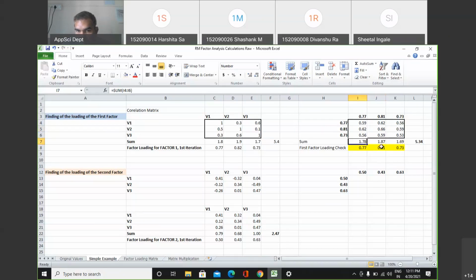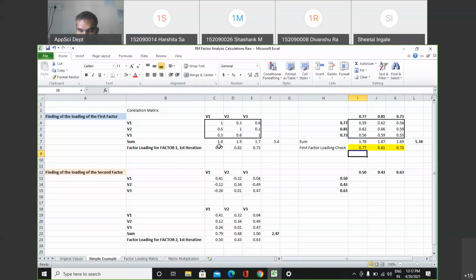Then we repeat the same process as we did with this matrix. That is the sum of all the values in the column, then a grand sum. And again, to check that the factor loading is correct, we do similarly. Here we have divided 1.78 by the square root of this 5.34.